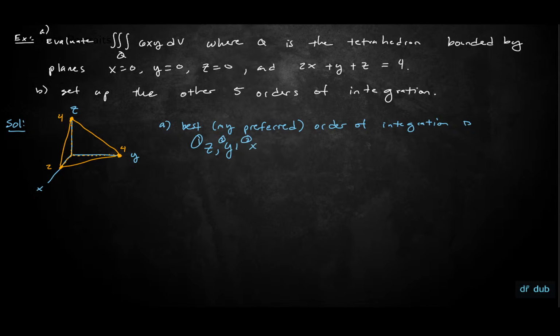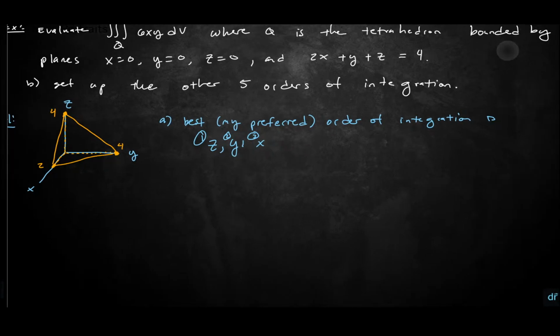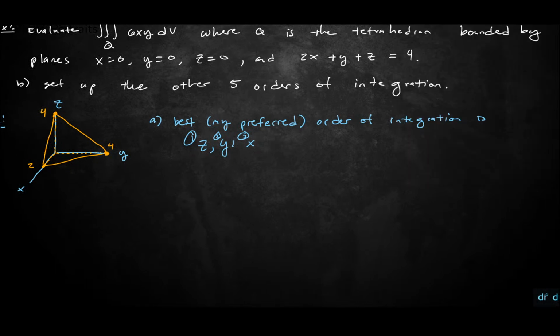Because to me, that's almost like a type 1 integral for a double integral, because we're doing y and then x. So x is ultimately going to be between 2 constants. Y may be between 2 functions, but x is going to be between the constants. And that, in my brain, I like type 1 integrals the most. So I'm going to do z first, so I can basically get to a type 1 integral for x and y.